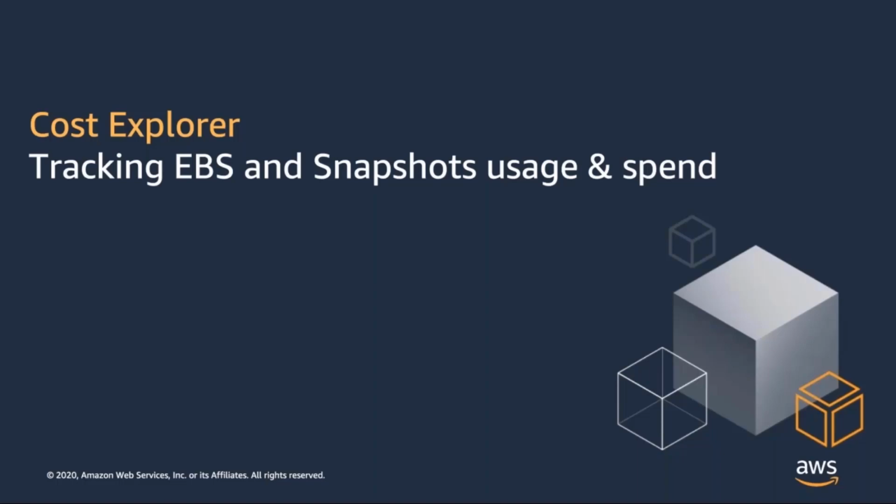Cost Explorer provides you with a set of default reports that you can use as the starting place for your analysis. And from there, you can use the filtering and grouping capabilities to dive deep into your cost and usage data and generate custom insights on the EBS usage and spend.